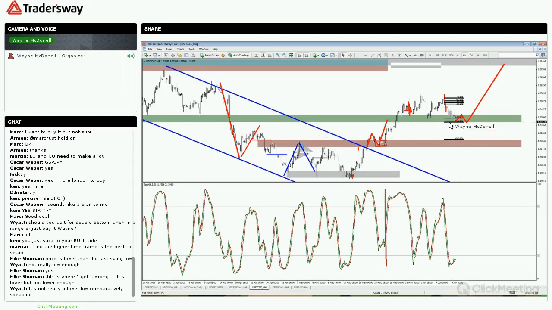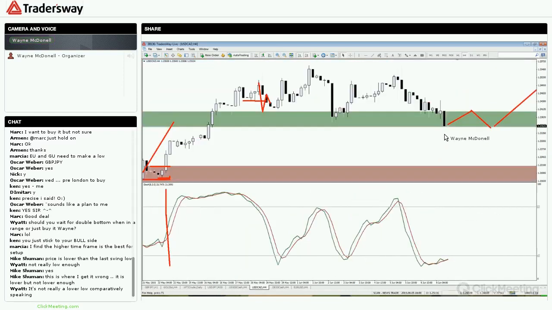So what that means is now that we're at support, it's not going to go straight up. That's what I remind myself. It's not just going to go like this.